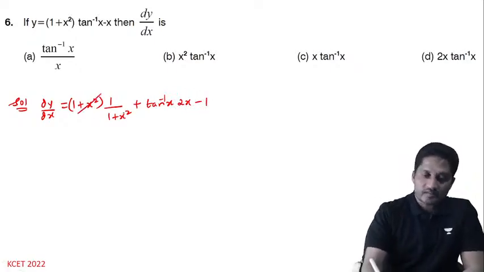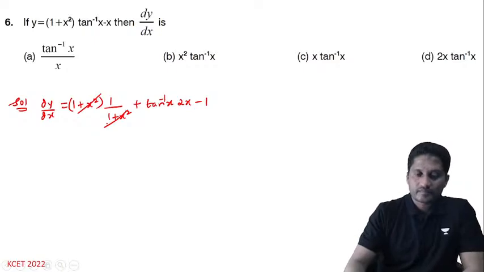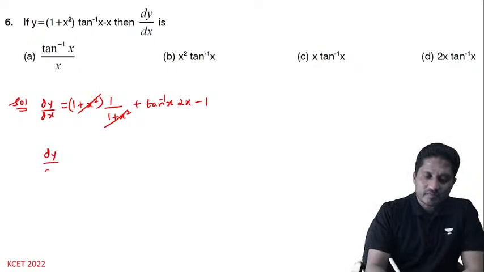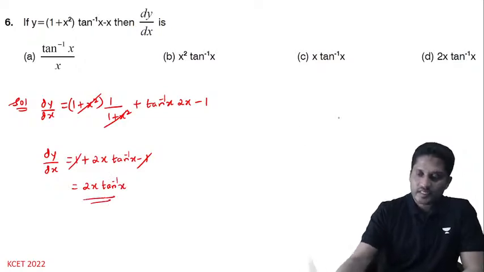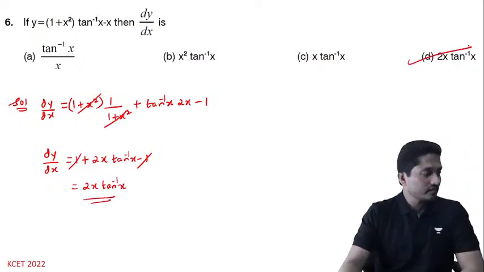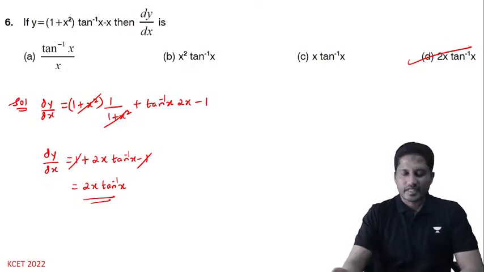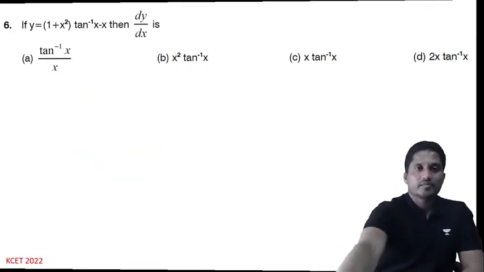Now I'll cancel this. Left out is dy by dx is equal to 1 plus 2x into tan inverse of x minus 1. This will cancel. You get 2x tan inverse of x. Answer is option D. Alright, that was a very simple question, guys. Let's move to the next one.